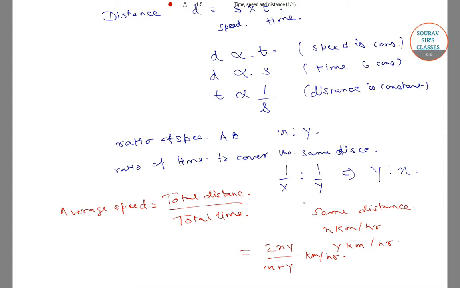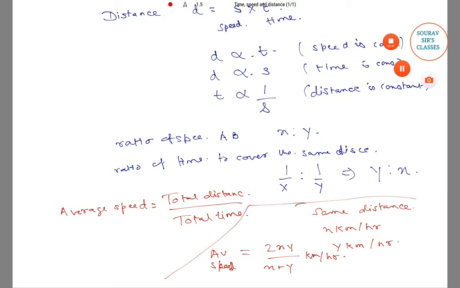Then in this situation, the average speed would be given by 2xy divided by x plus y kilometer per hour.